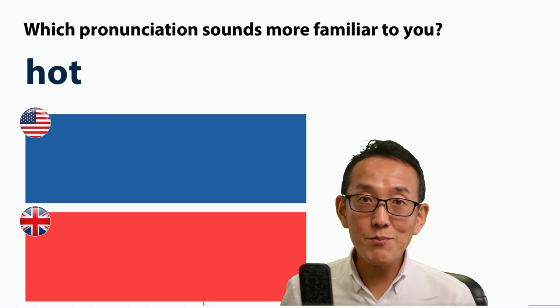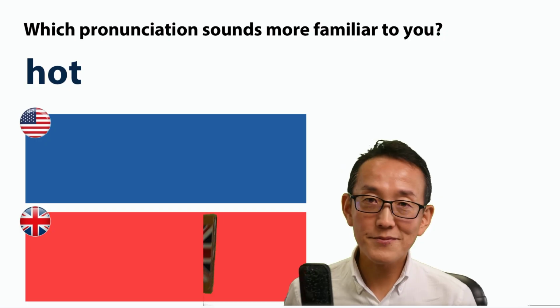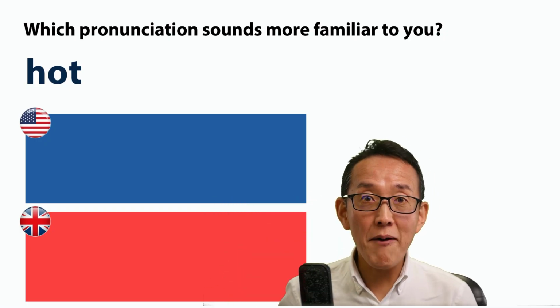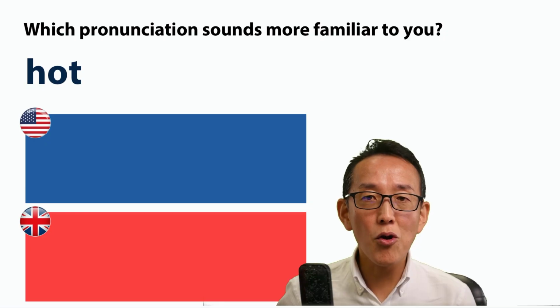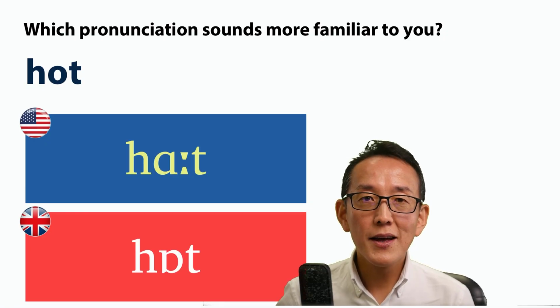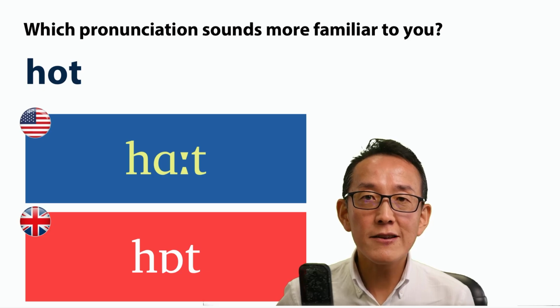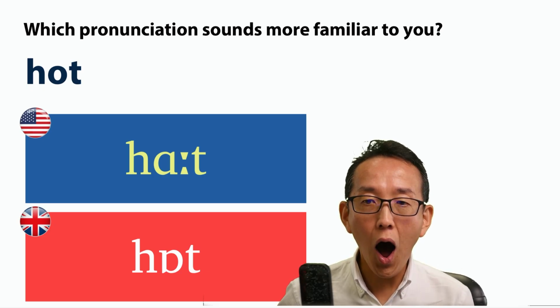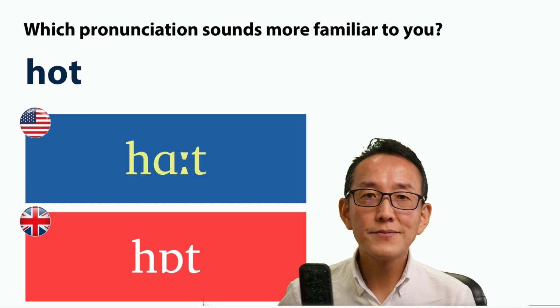Well, I said the British pronunciation first. In most varieties of American English, the vowel is more open. You can even see that my jaw opens a little wider when I pronounce it in the American way. Heart, heart.